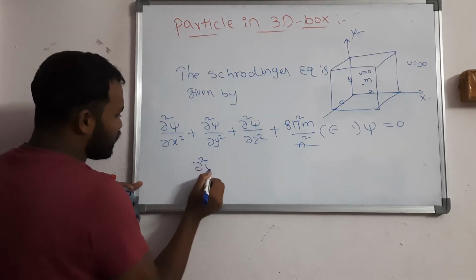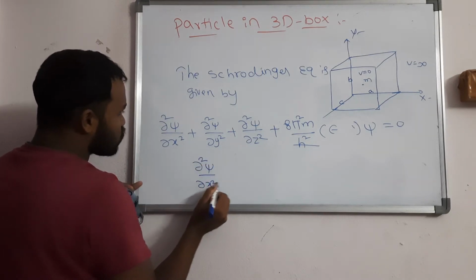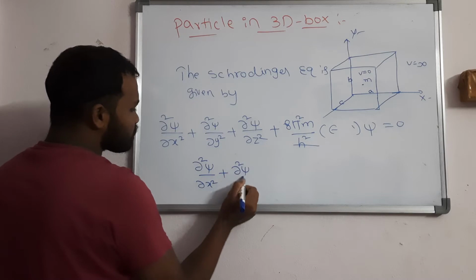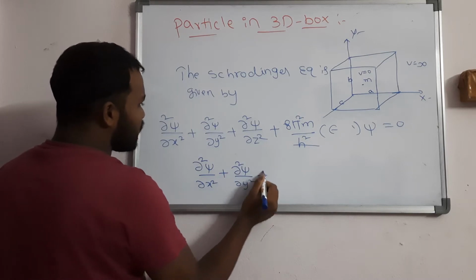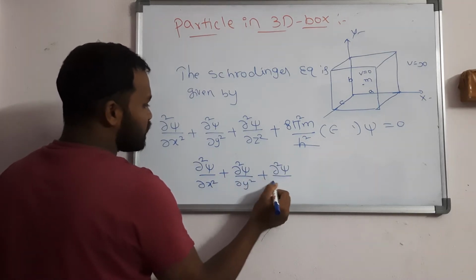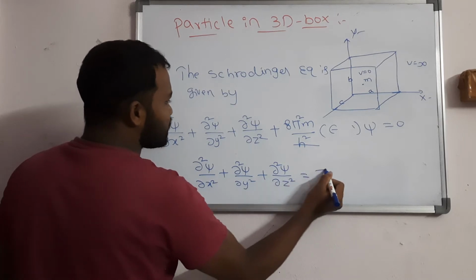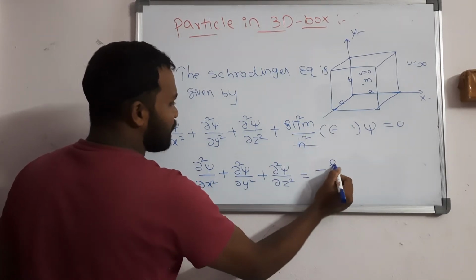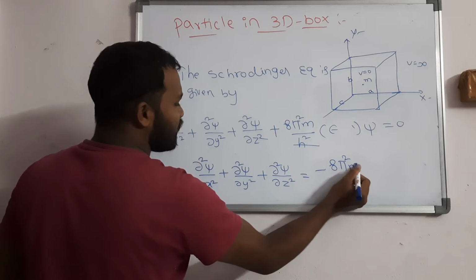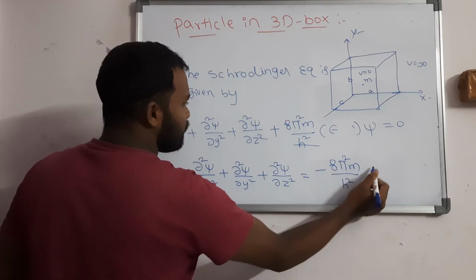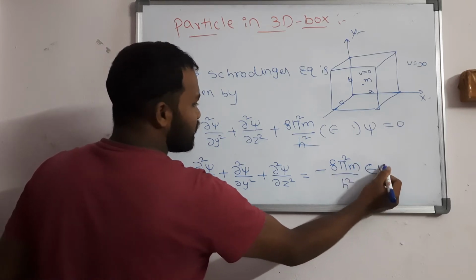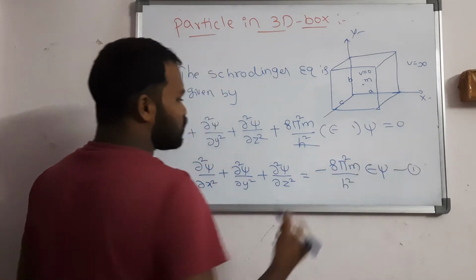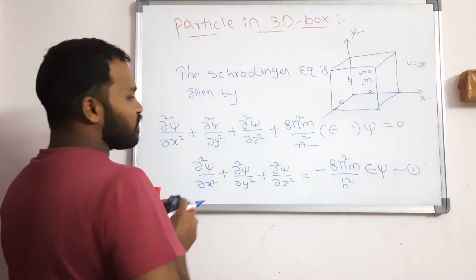Dou square psi by dou x square plus dou square psi by dou y square plus dou square psi by dou z square is equal to minus 8 pi square m by h square into e into psi. You should write directly e into psi. This is equation number 1 you should take.